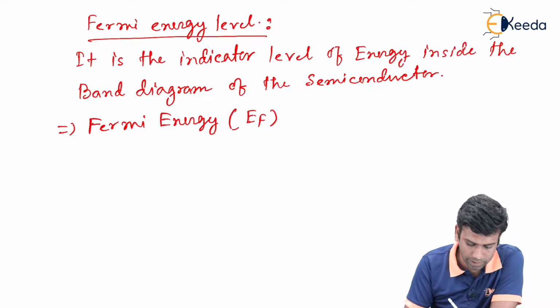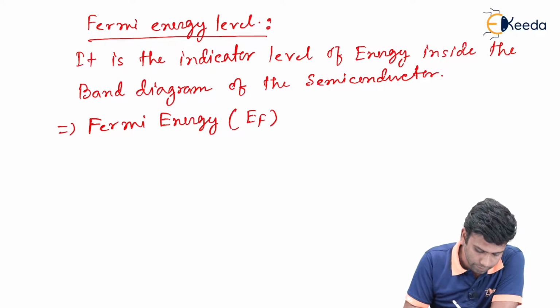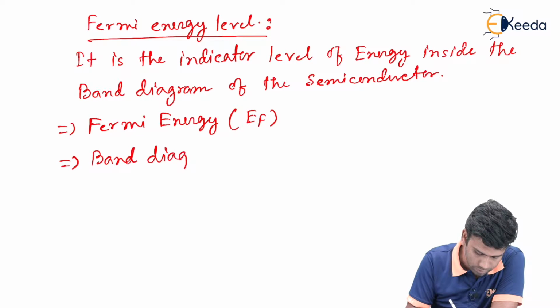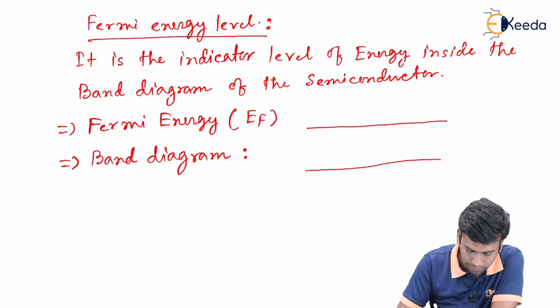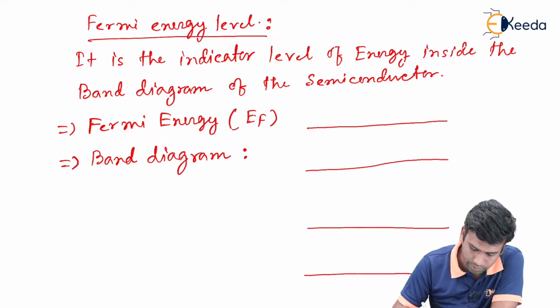Now we will place this Fermi energy inside the band diagram of the semiconductor. So from the band diagram, we know there will be a conduction band and there will be a valence band.